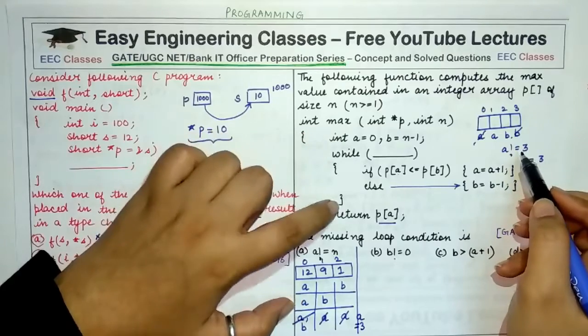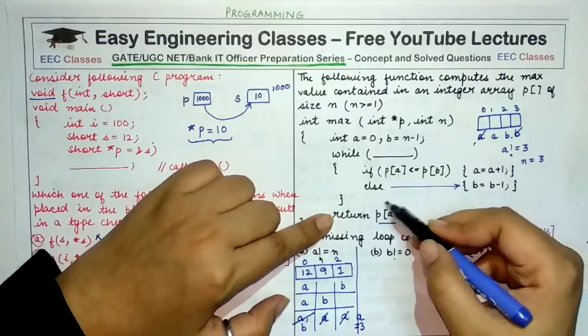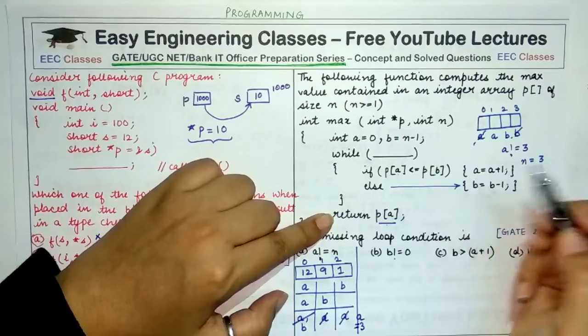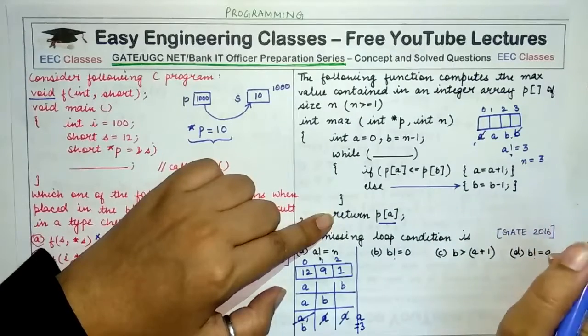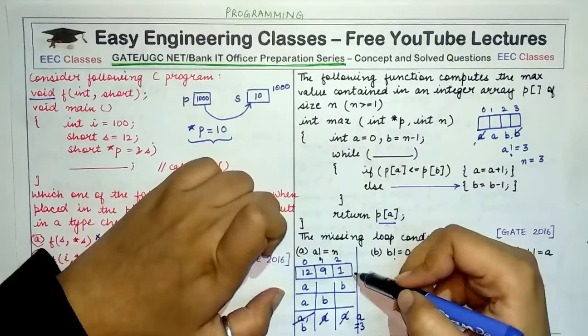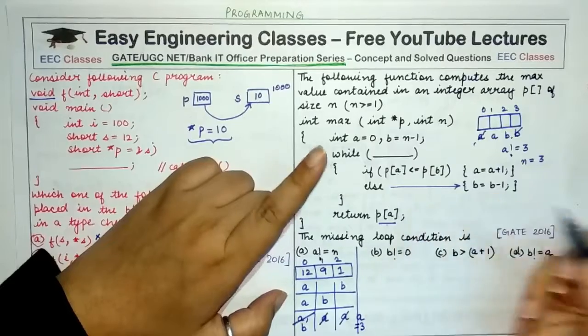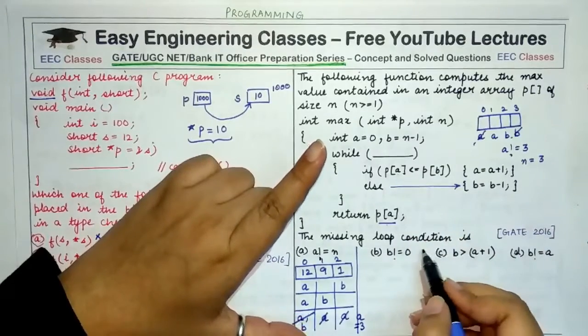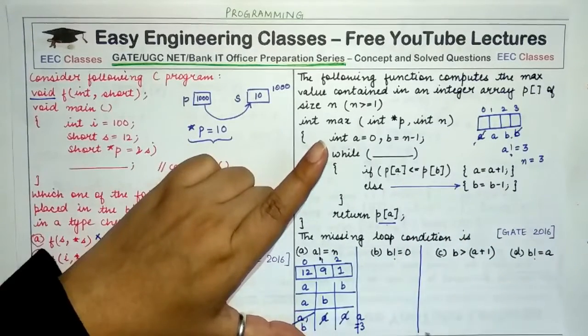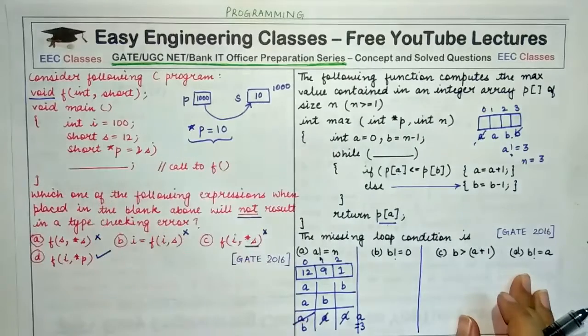So you would come out of the loop and return the value present at a. A has become 3, so 3 is not a valid index for this array. So this is not the right condition, because you can never access an index that is not a valid part of an array.